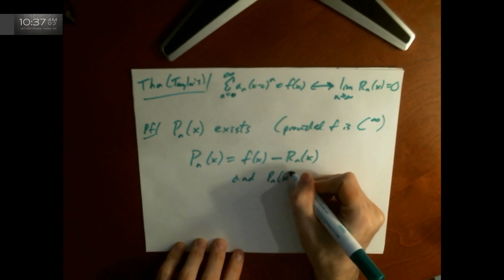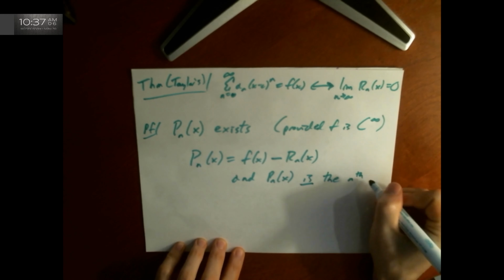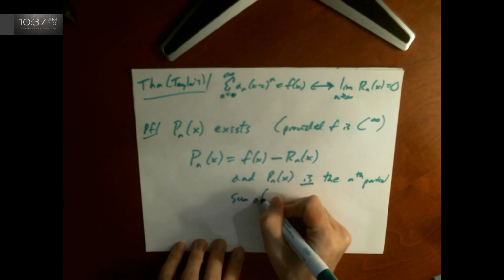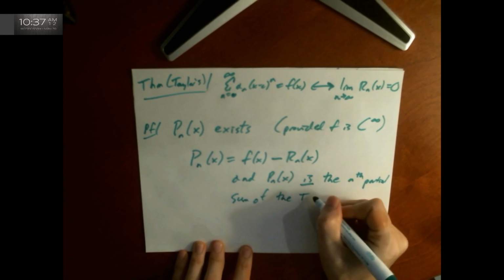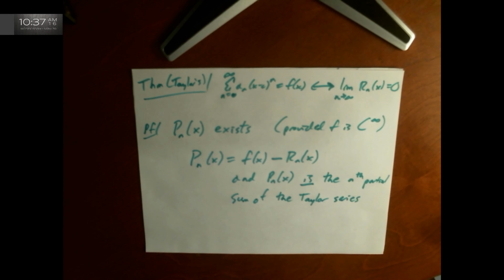The nth Taylor polynomial is the nth partial sum of the Taylor series. If I take the entire Taylor series and I just cut it off at n, that is the polynomial. That's a finite Taylor polynomial. The derivatives agree as we need. Everything is great.